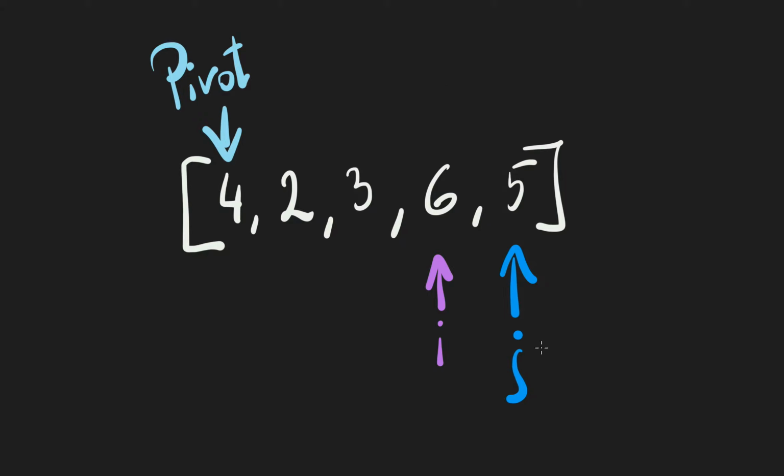And when we move j, we need to find the value that is smaller than the pivot, so 5 is bigger. Let's go backwards. 6 is bigger than the pivot, and then i and j pass each other, which means that j is pointing to the element where our pivot should be, right?